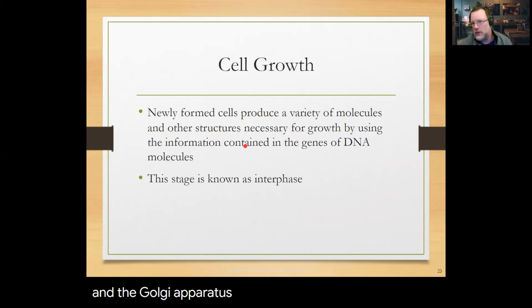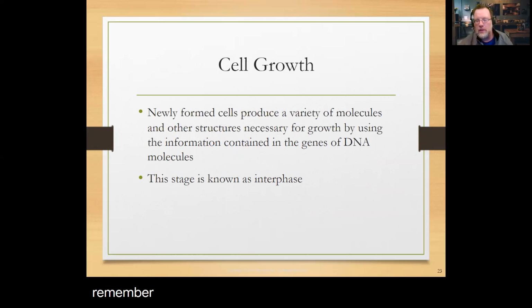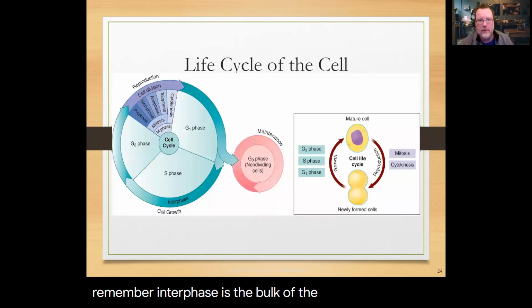And the last section we did in general A&P, so I'm not going to go through mitosis. Just remember, interphase is the bulk of the lifespan of a cell. And then we have the mitotic phase, or the cell division phase.